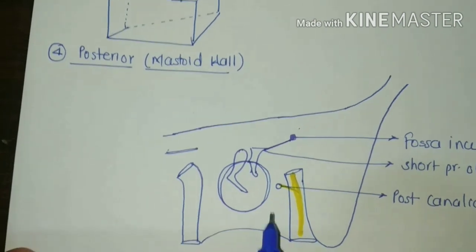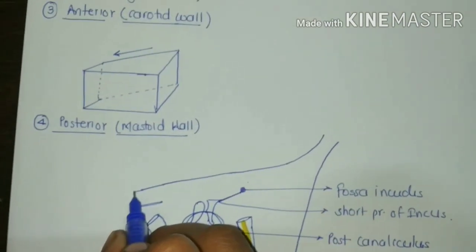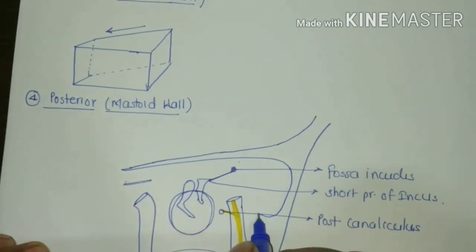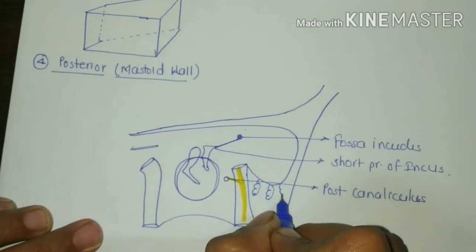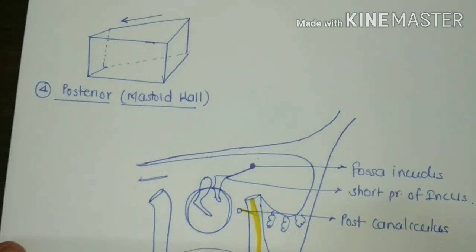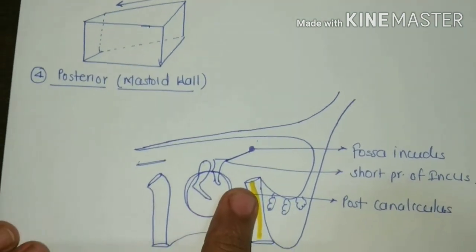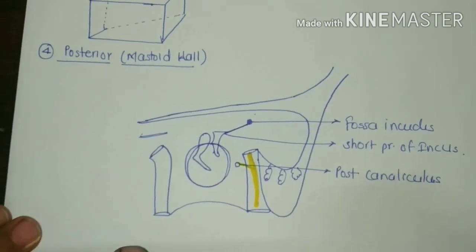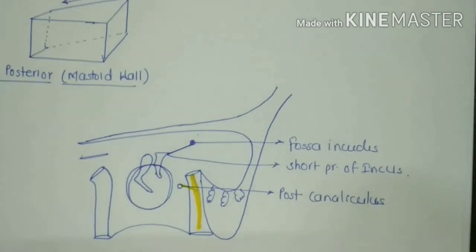Now coming to the lateral wall or the membranous wall. I haven't drawn the mastoid antrum, so I will go for the drawing with the mastoid air cells. Now coming to the lateral wall or the membranous wall. So this is the view of the lateral wall, and we know that the lateral wall is responsible for separating the middle ear from the external acoustic meatus.